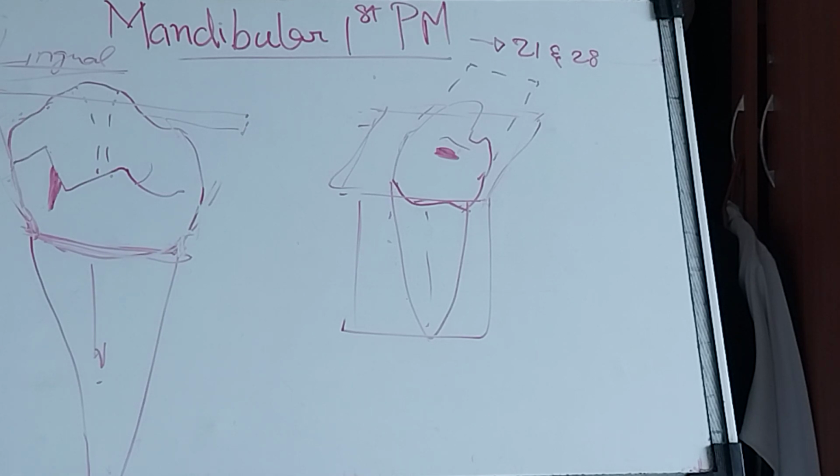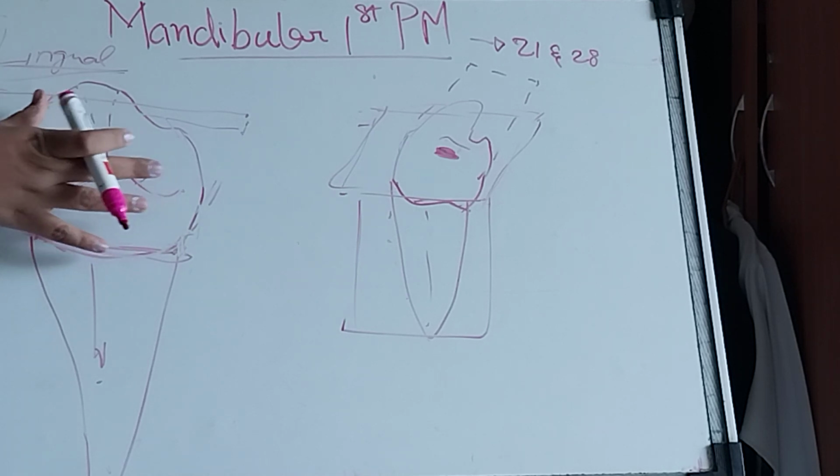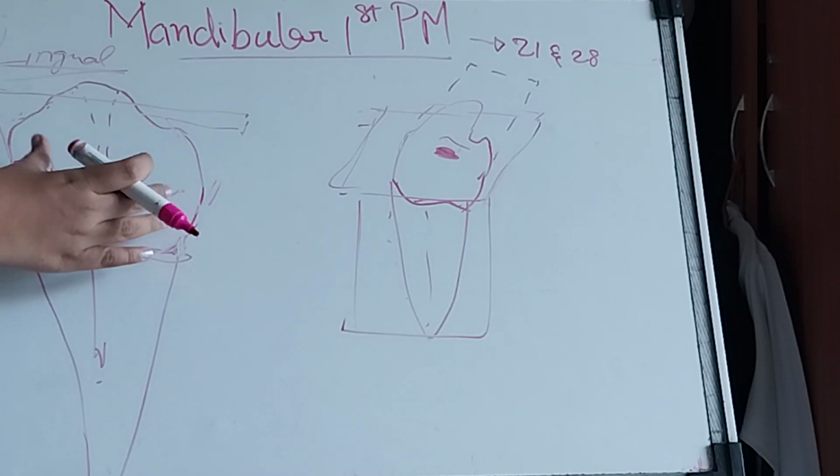Moving on to the occlusal outline. Okay, so the occlusal boundary or the limit of the lingual surface is formed by the cusp tip and the cusp ridges of the lingual cusp. So this is a short, you have to imagine this is the lingual cusp.